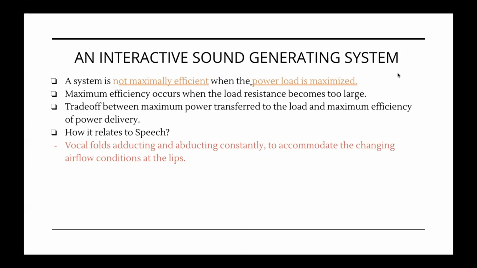So we could think of this as the vocal folds abducting and adducting consistently, presumably to accommodate the change in flow conditions at the lips. So it appears that this interaction is strong and maximum power transfer is accomplished with some kind of impedance matching between the source and the load.